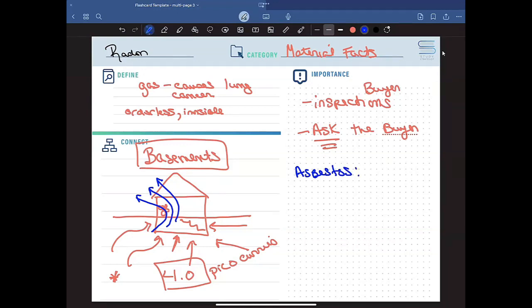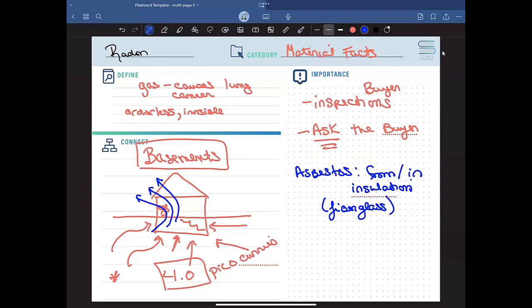So asbestos, do you know what asbestos is? It is the insulation between the walls, and it can also be in your attic. I think of it as kind of like fiberglass. That just helps me categorize it, because I was like, asbestos, what? It can also lead to cancer.